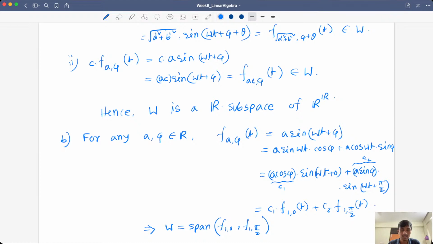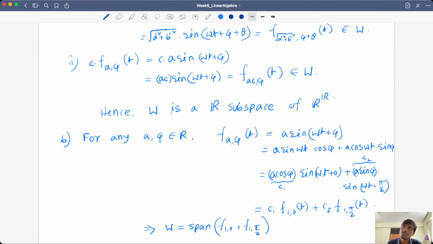That is easy to check, that sine omega t and cosine omega t are linearly independent, because if you take a linear combination c1 sine omega t plus c2 cos omega t equal to 0, then this is true for all t. So in particular you take t to be 0, then you get c2 is 0, and once c2 is 0, then you also get c1 times sine omega t is 0 for all t.